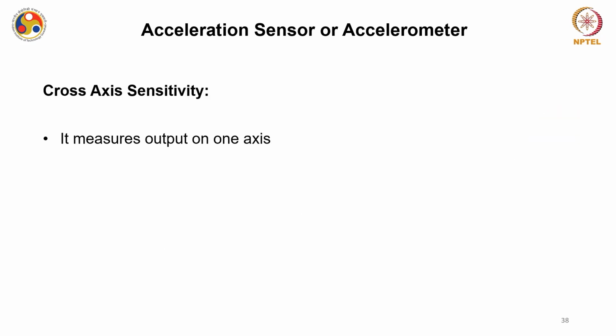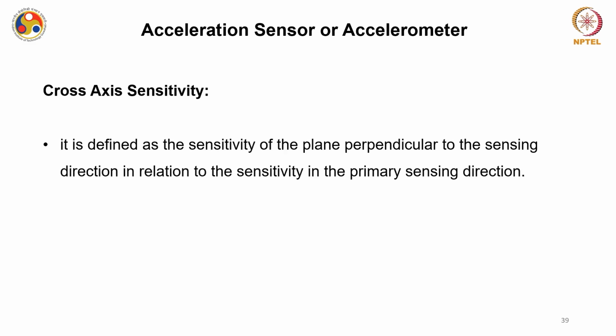Then you have cross axis sensitivity. It is a little bit different from the sensitivity that we have just seen. It measures output on one axis when acceleration is applied to another axis. So by definition, cross axis sensitivity is the sensitivity of the plane perpendicular to the sensing direction in relation to the sensitivity in the primary sensing direction.